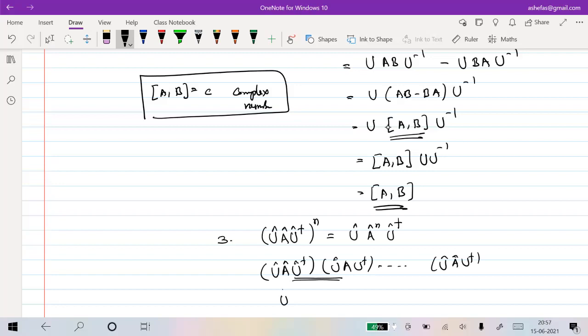So that would give U, then A, and the in-between U dagger U would be identity. This would also be an identity. So we get A times A times A, n A's, and finally on the right side there will be U dagger. So this is simply equal to U times A raised to n U dagger.